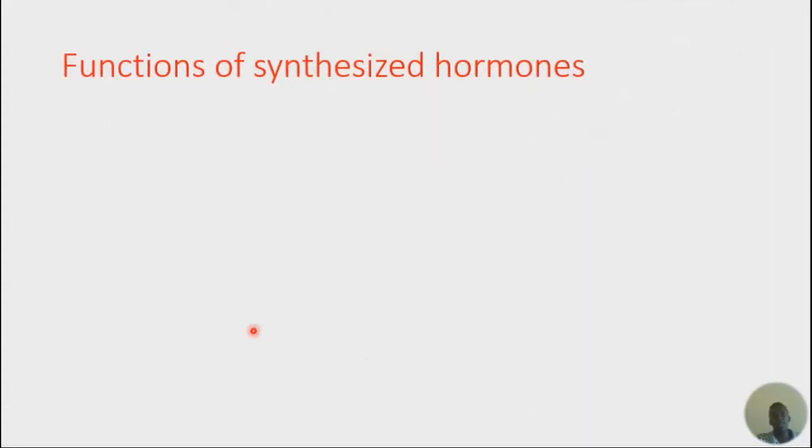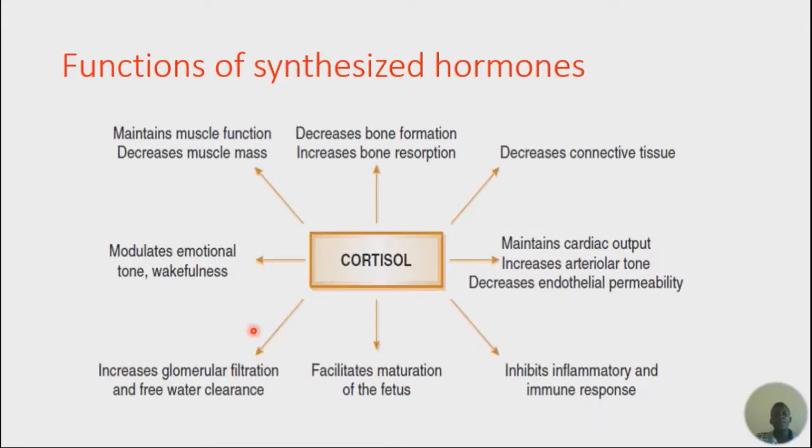Functions of synthesized hormones. One, cortisol maintains muscle function and decreases muscle mass. You see this one is produced during stress. Then cortisol decreases bone formation and increases bone resorption. Resorption is by the osteoclasts. Then cortisol decreases connective tissue, which comes along with stress.